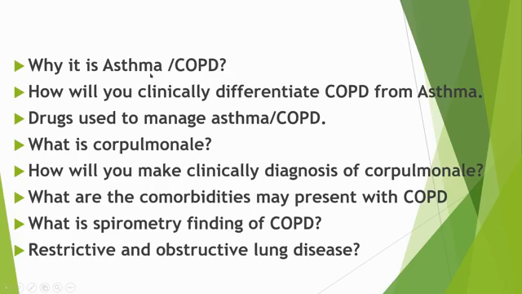Why is it asthma? Because it is an episodic attack, there is a history of allergy or eczematous lesions, there is family history, and there is rapid relief of symptoms after taking medications.